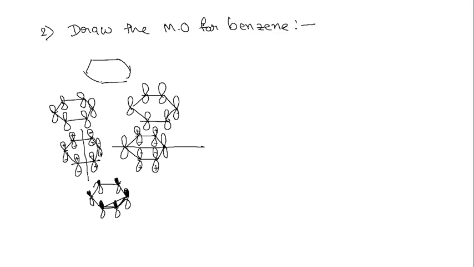So this one is the second, and it has two lobes. Two lobes can be like that or like that also. Changing the sign.